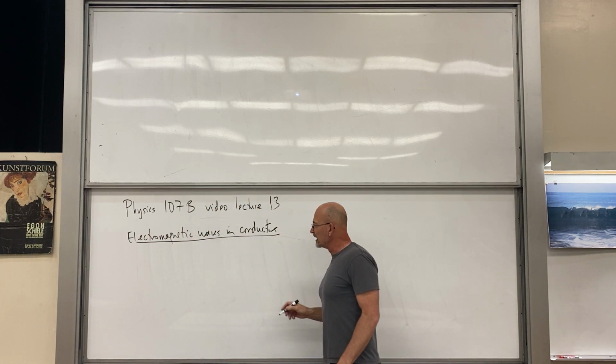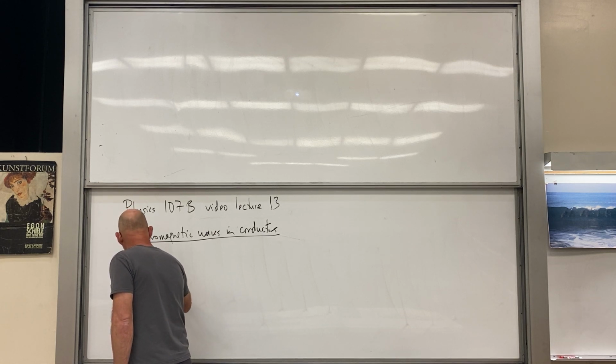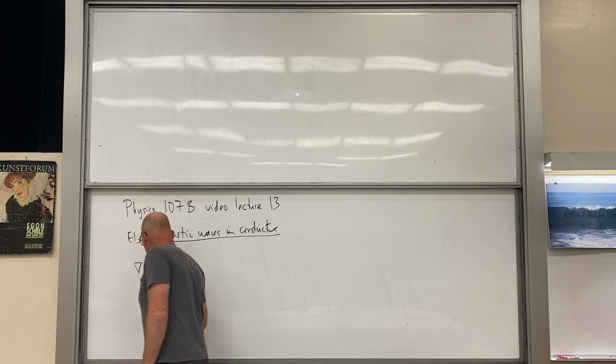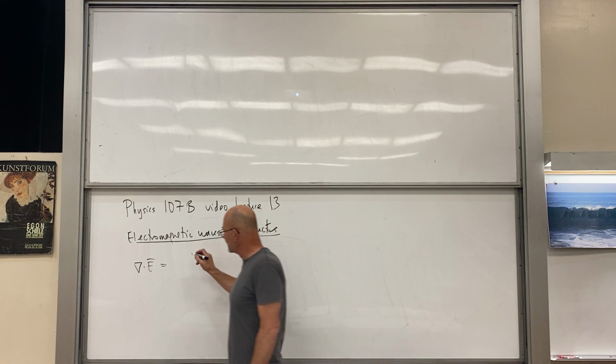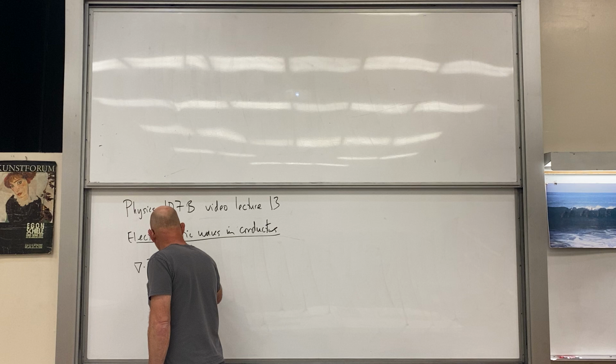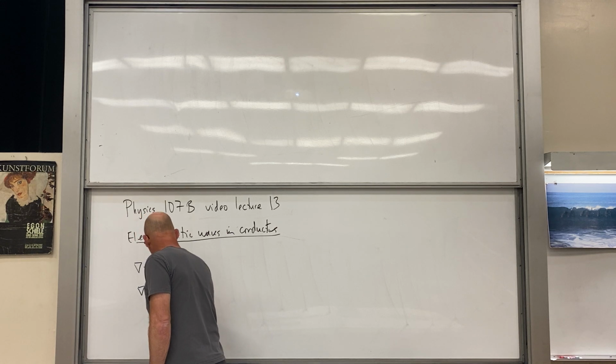Yeah, so what's different here is that we have free charge. So divergence of E, unlike in the vacuum, is not vanishing, so we have free charge over epsilon. Divergence of B, of course, vanishes.